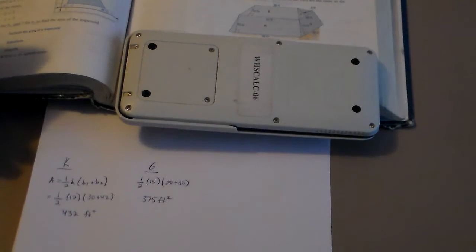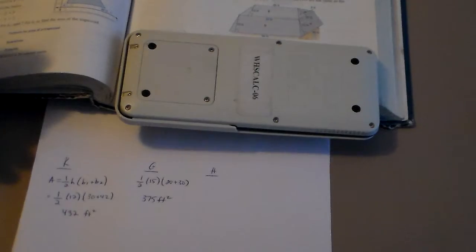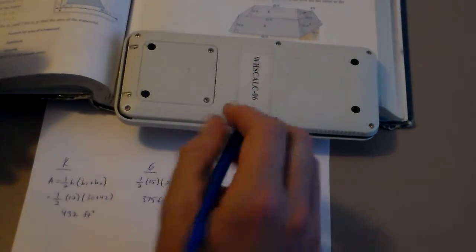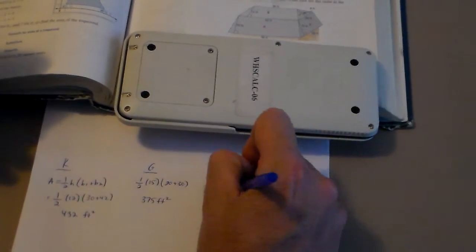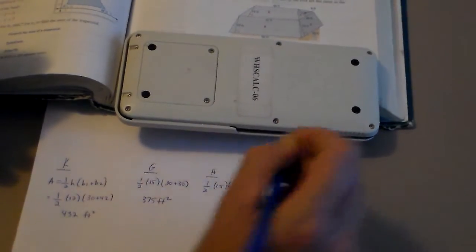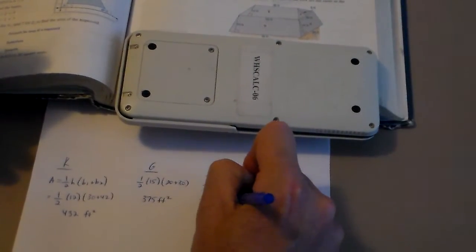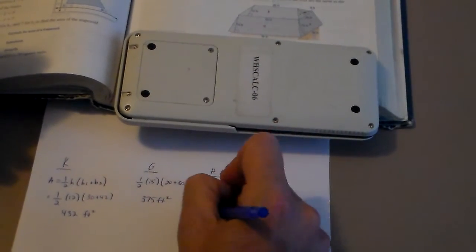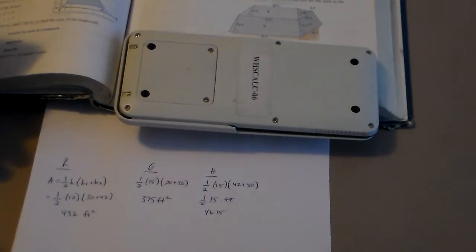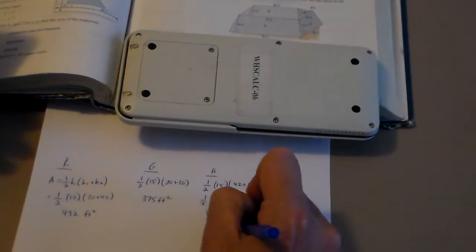Okay, so we did K, we did G, let's do H. Another trapezoid. 1/2 the height, which is 15, times the sum of the two bases, 42 plus 50. That's going to be 92. 1/2 of 15 times 92. Well, 1/2 of 92 is 46. 46 times 15 gives me 690. And that's in square feet.